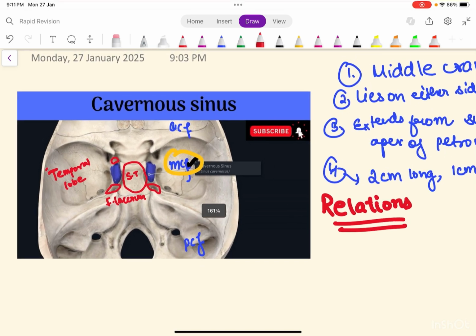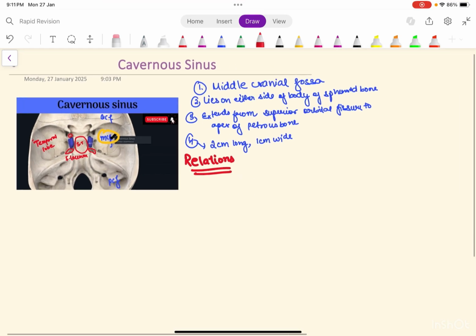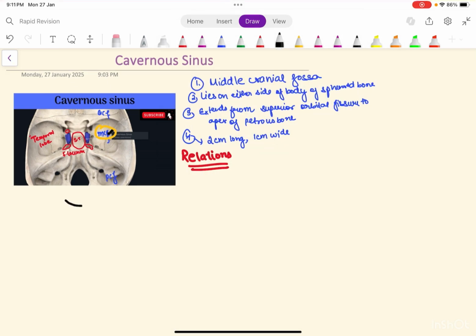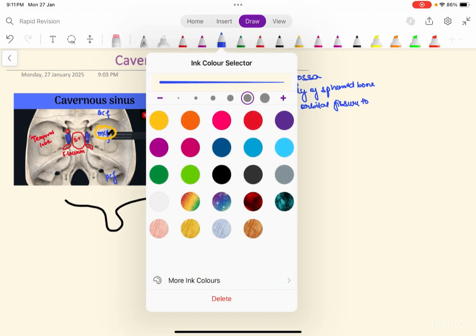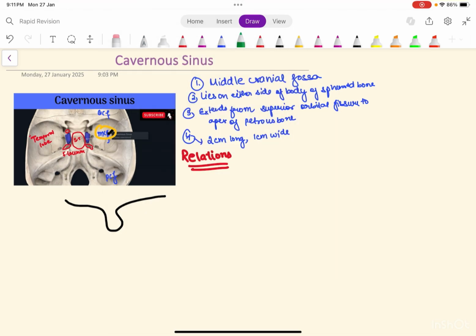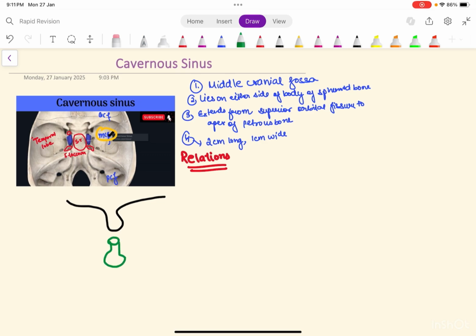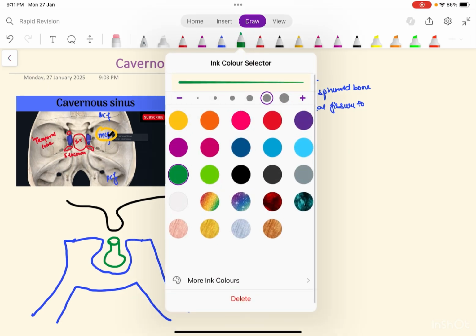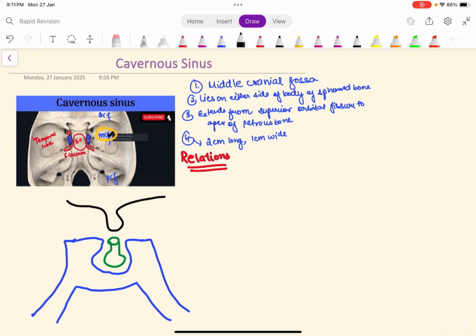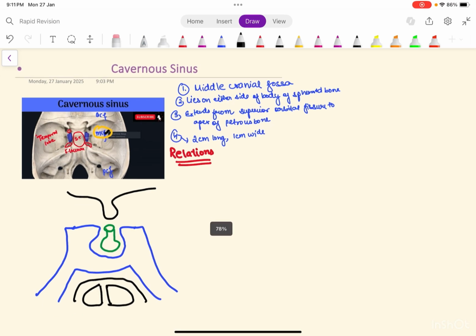Now I will draw a diagram which is more schematic and which will help you to remember it for the long term. First of all, just go through the diagram that I'm making and then we'll talk.